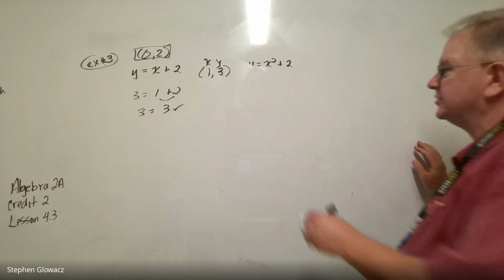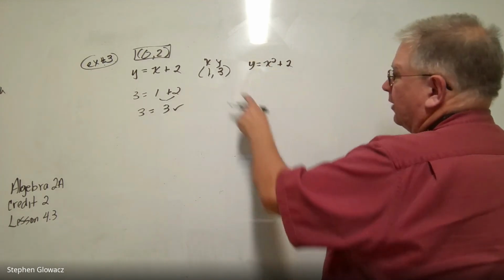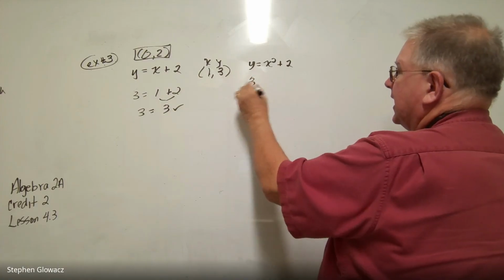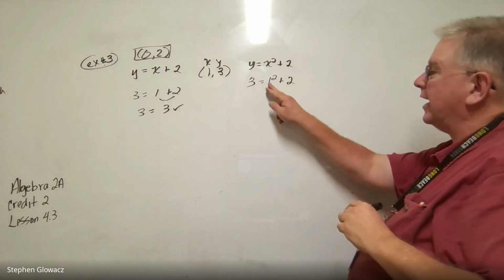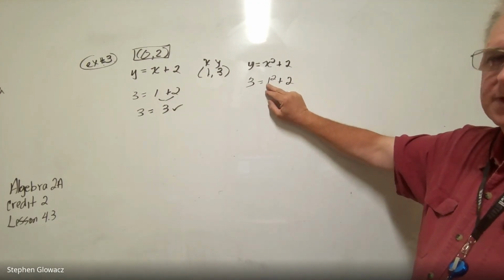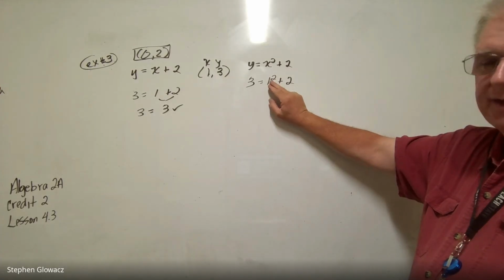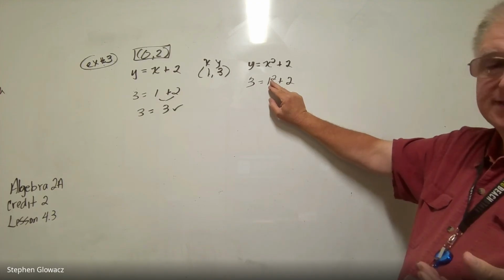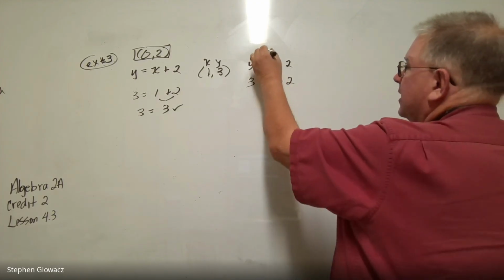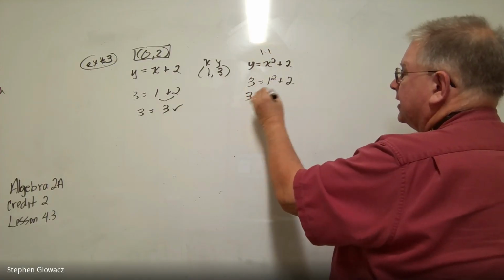Now let's see if it's a solution to our second equation. y is 3, x is 1. 1 squared. Now careful, a common error with this is people will think 1 times 2, but that's not what you're doing. 1 squared means 1 times itself. In other words, 1 times 1, which is 1.